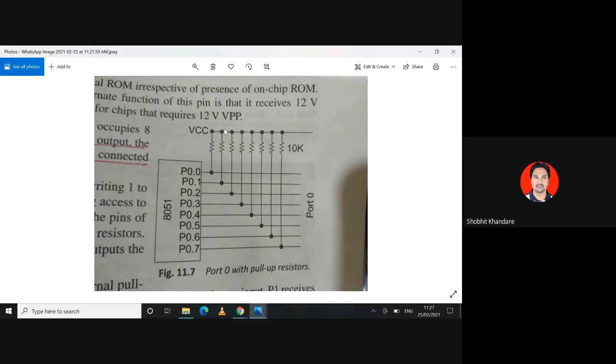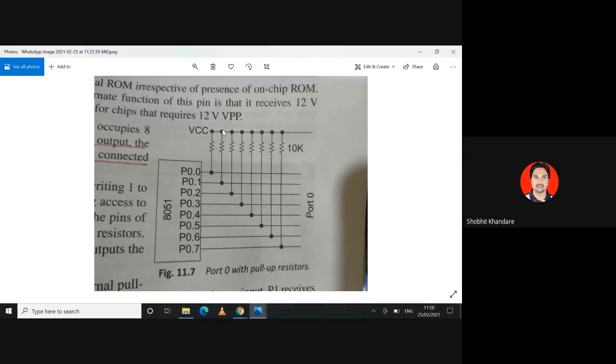You can draw this figure also. Draw this figure and write further.